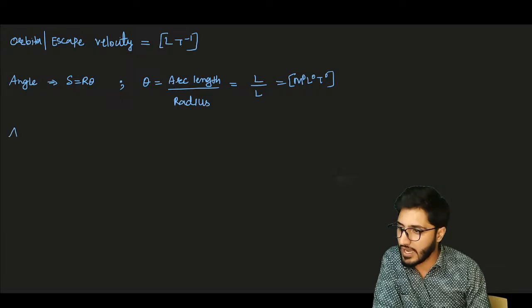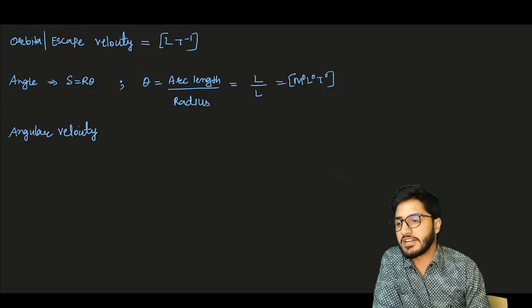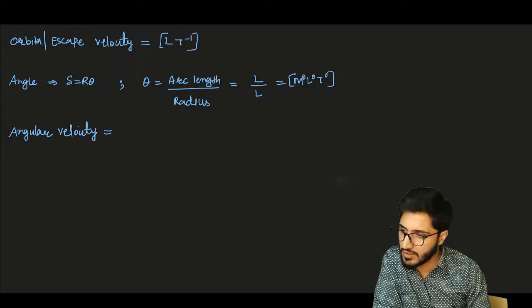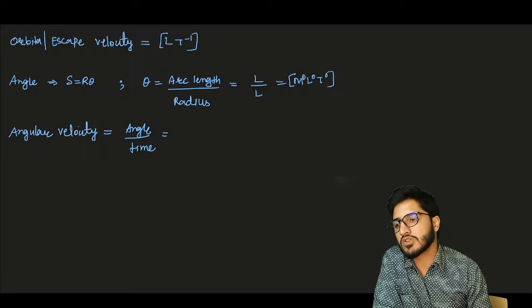Now we are having angular velocity, omega, that is angular displacement, omega equals theta by t. I can write it as angle by time. Angle is a dimensionless quantity, so I can write M0 L0 T0 divided by time T1.